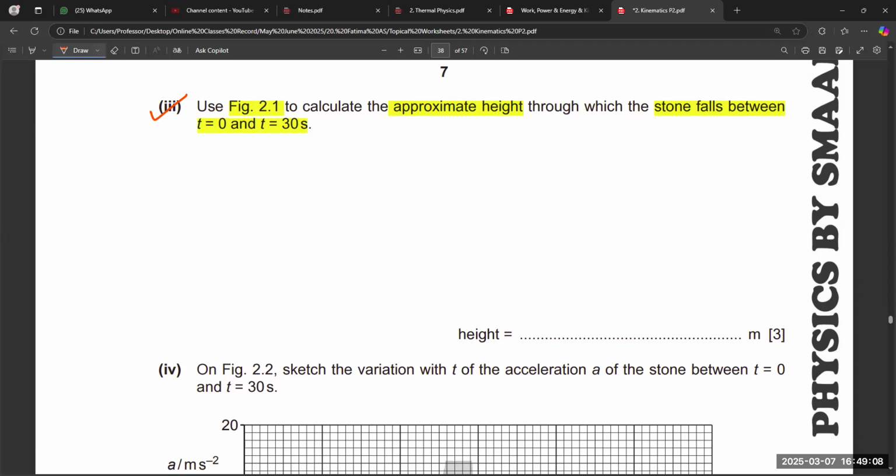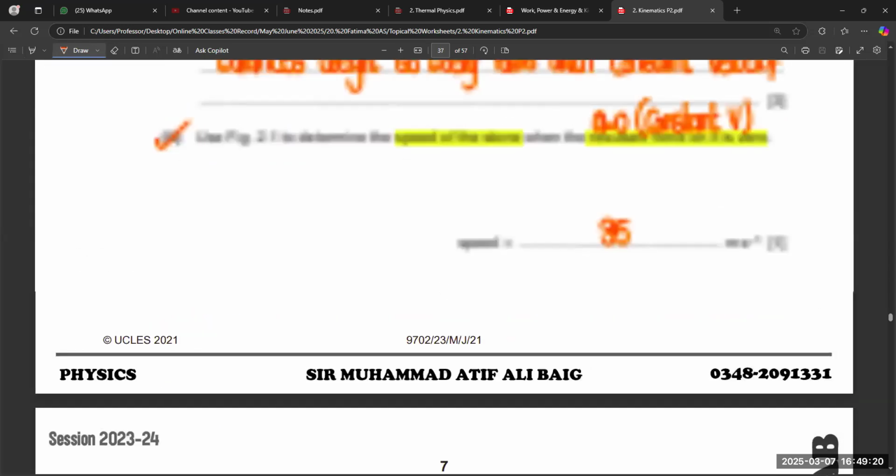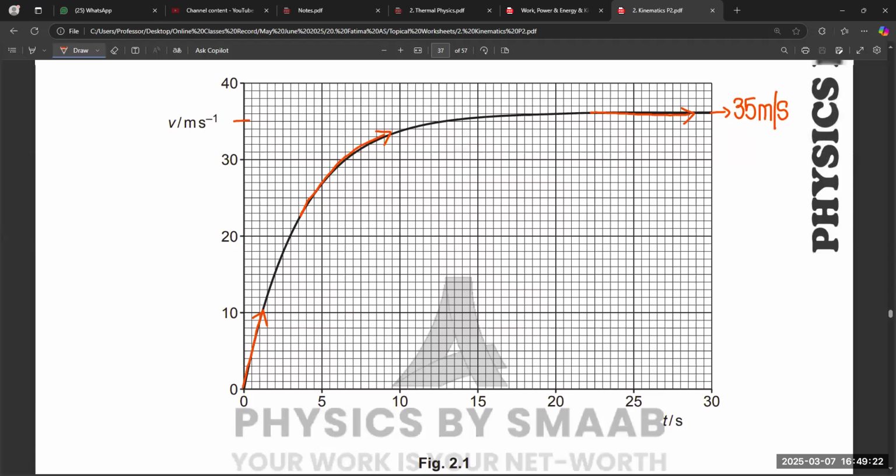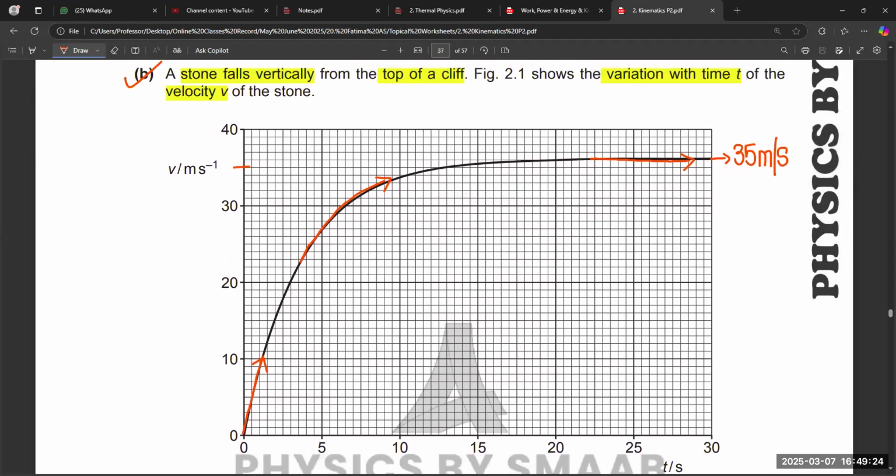So for regular shapes, we can use trapezium, triangle, rectangle formulas to find the distance from a speed time graph. This time we also need to apply the area under the curve from the speed time graph. But the problem is the graph is curved. The graph is not straight. So this is the only problem. That's why the question says approximate height.